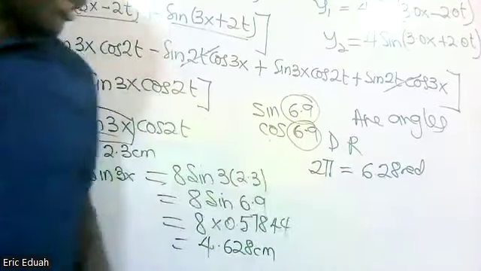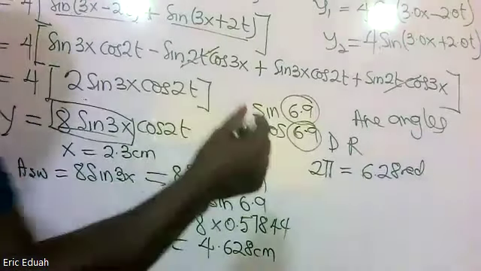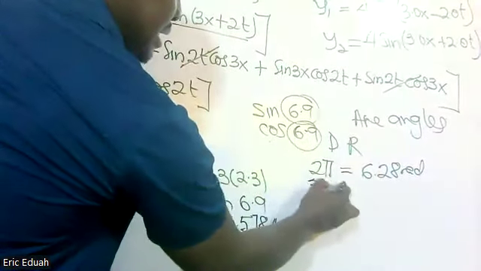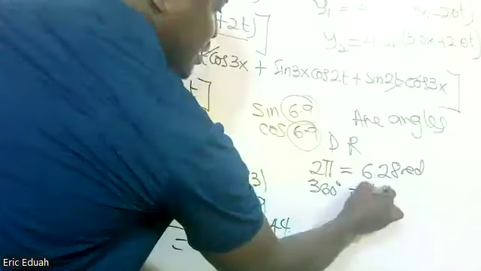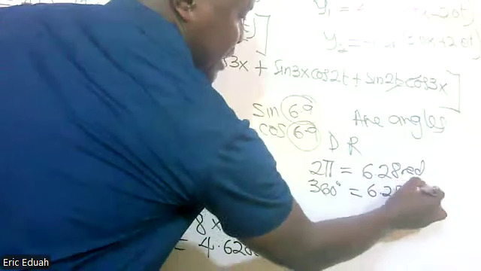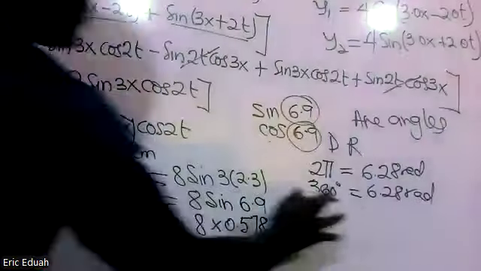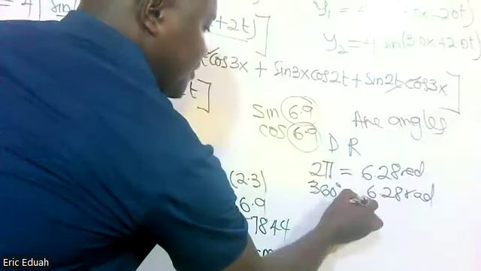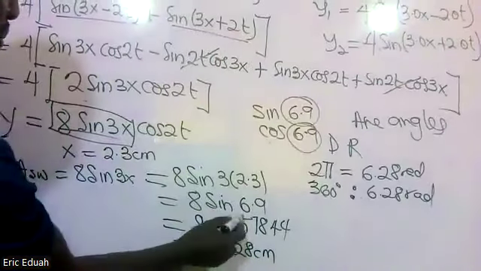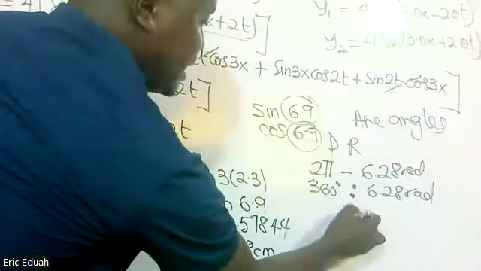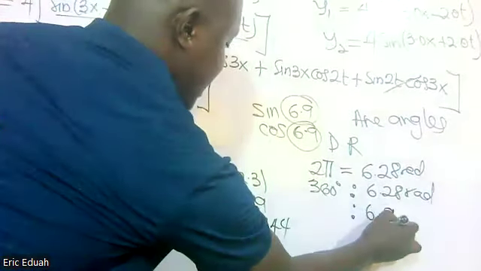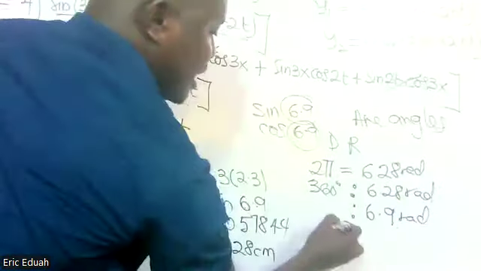So if 2 pi, which is 360 degrees, is to 6.28 radian, then if I have 6.9 radian, will it be more or less?